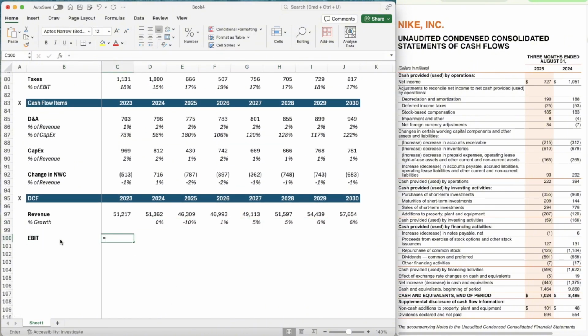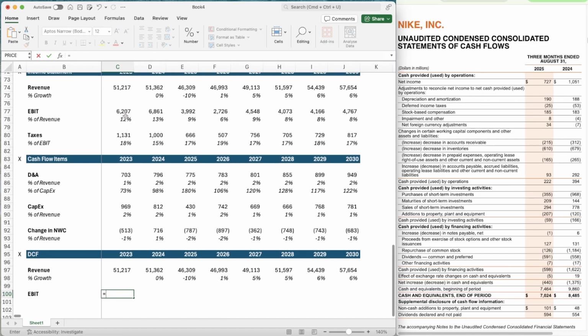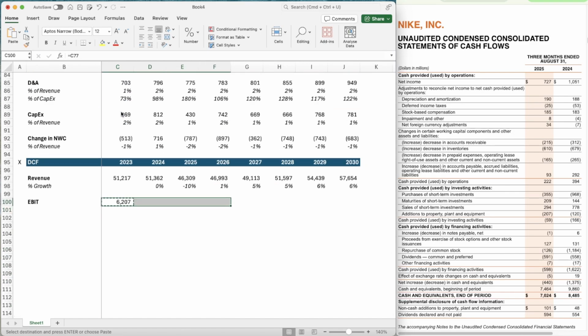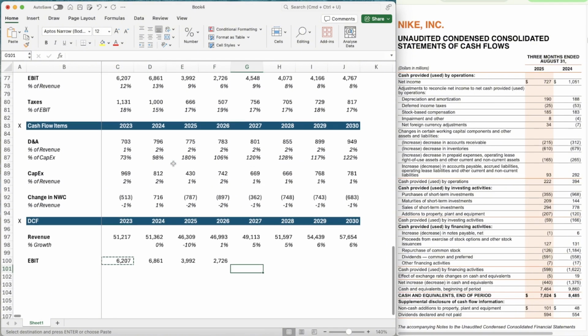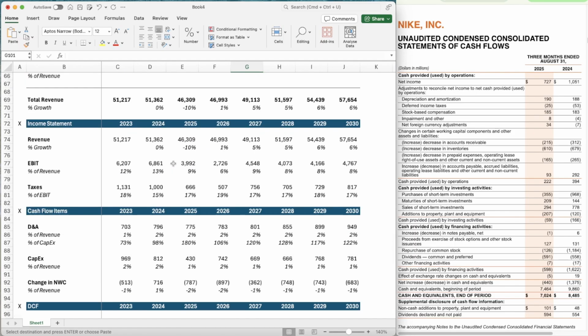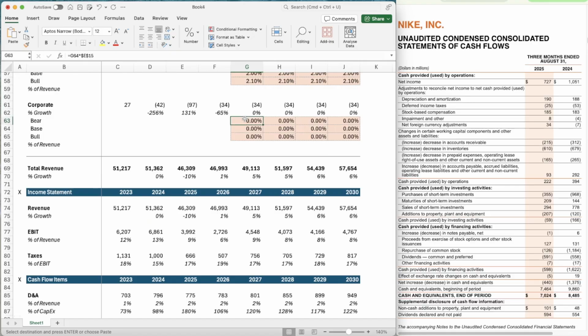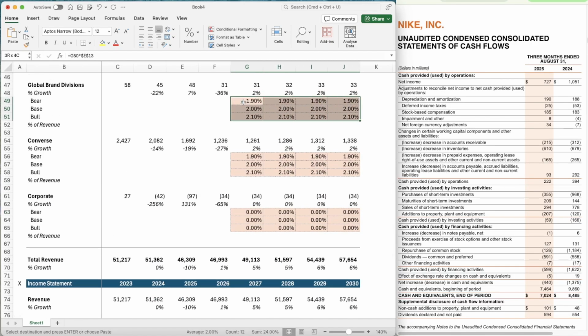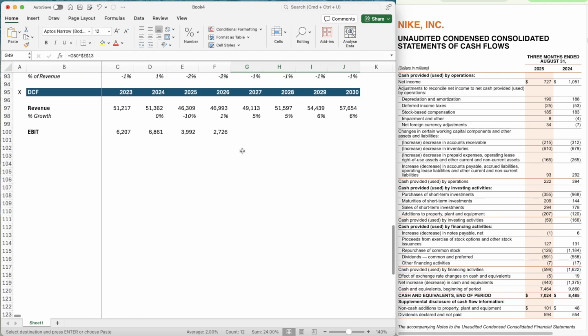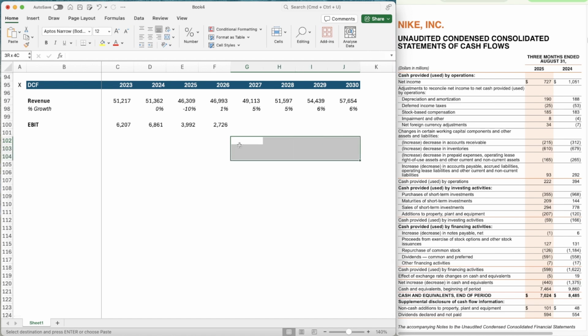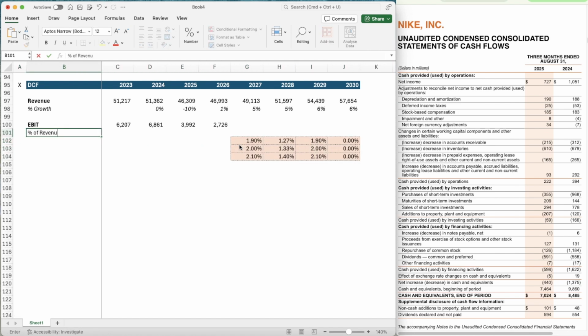Okay, just copy the EBIT down to 2026. Put it to there. What we want to do is one of these down. Put it here because we need to know the percentage of revenue there.